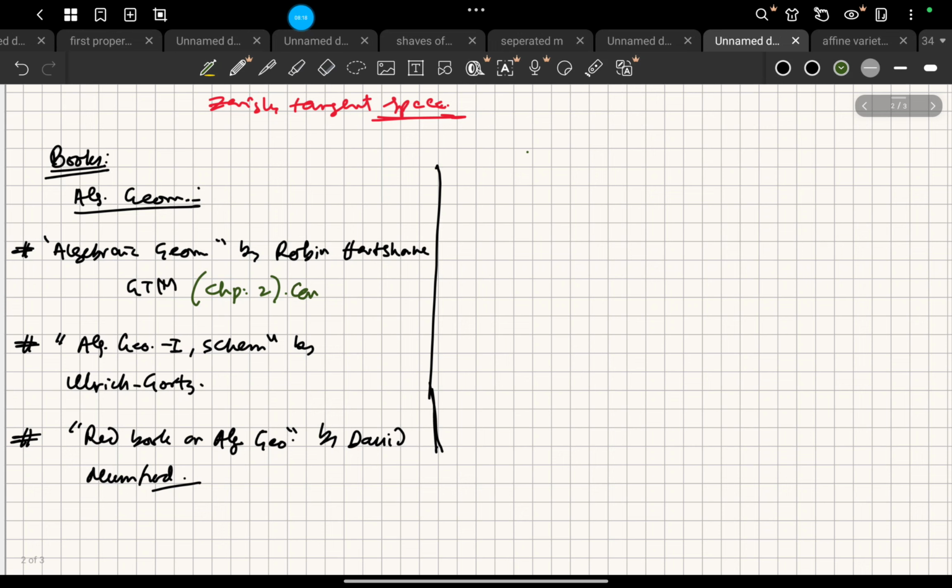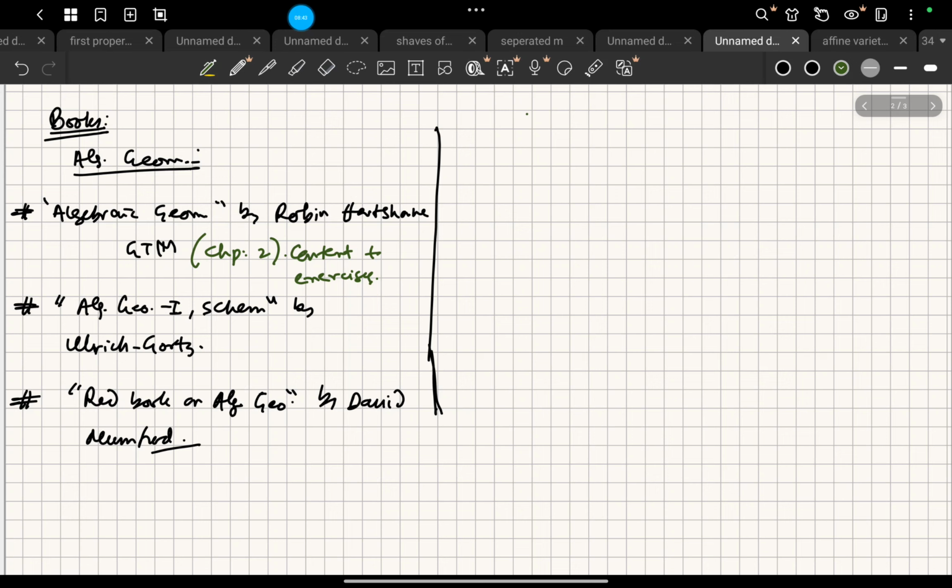And context plus exercises. Okay. Maybe it will not be possible for us to discuss all the exercises, but of course a significant amount of exercises will be covered here, and sometime I will be giving some hints and give an exercise for you guys to have a headstone by your own.